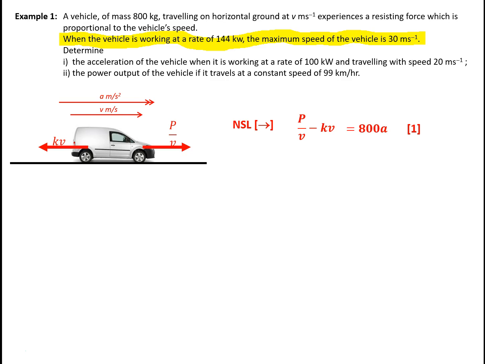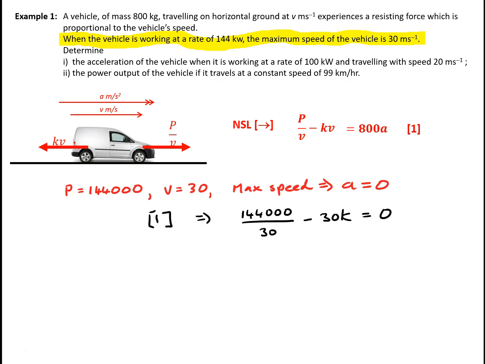So when V is 30 and P is 144,000, the vehicle is travelling at its maximum speed, so there is no acceleration. So I've got 144,000 divided by 30 minus 30k must equal 0. Multiply that by 30, that gives me 144,000 equals 900k, so k is 160.